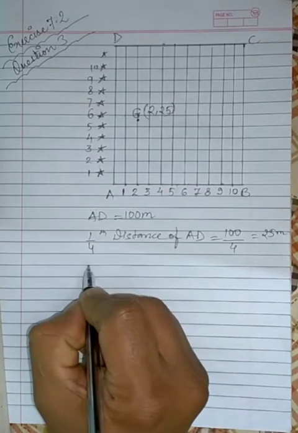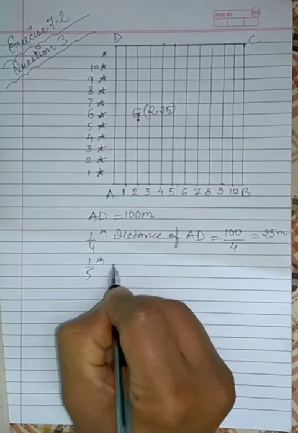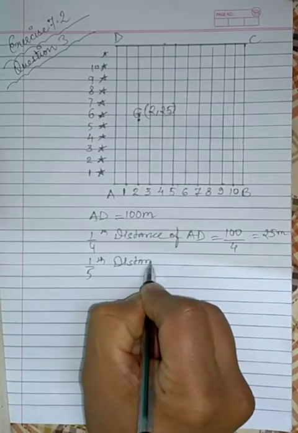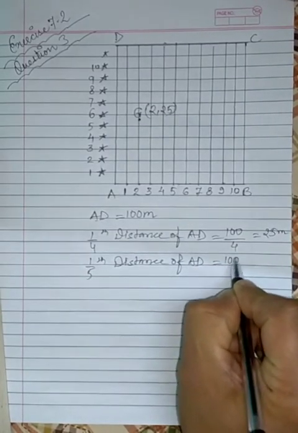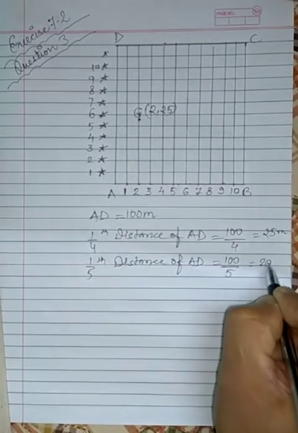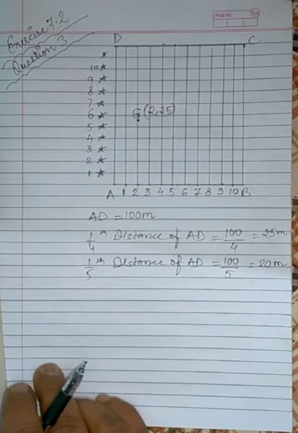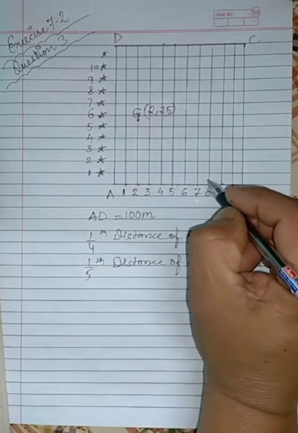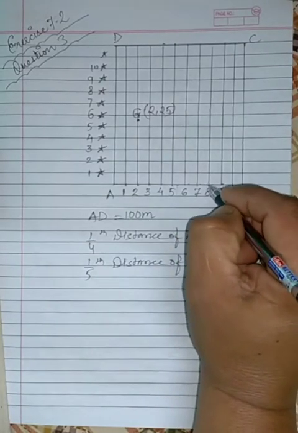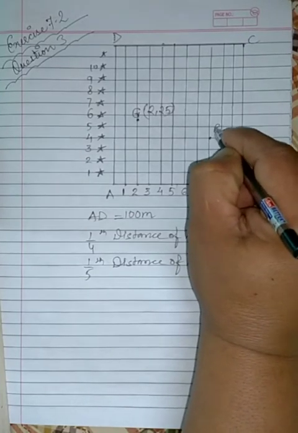Similarly, Preet runs 1/5 distance of AD, that is 100 upon 5, which is equal to 20 meter, and she is running in the 8th line. So for Preet, when she is posting a red flag running in the 8th line, suppose she posted her flag here, red flag.